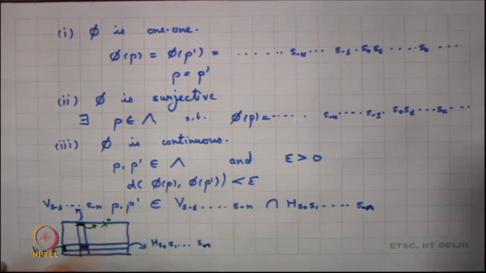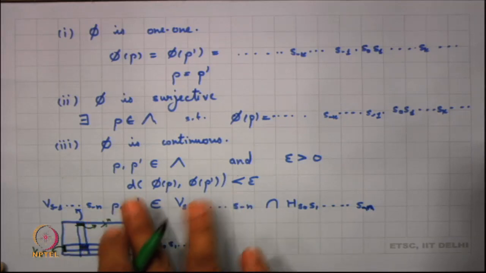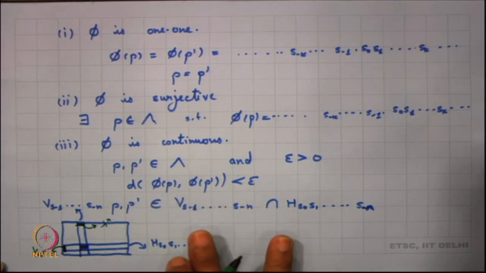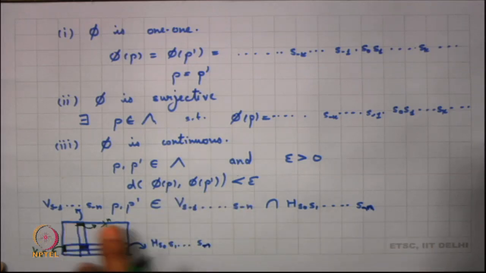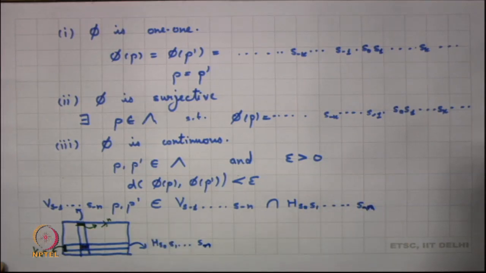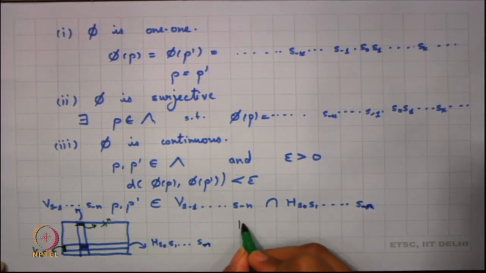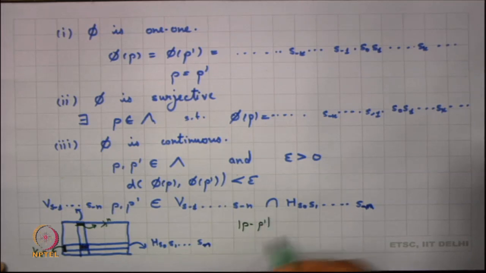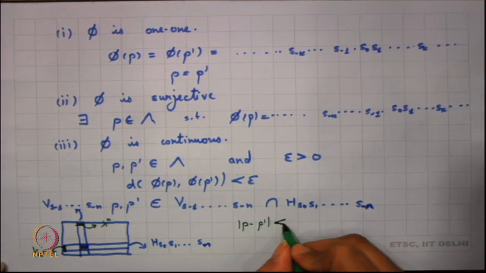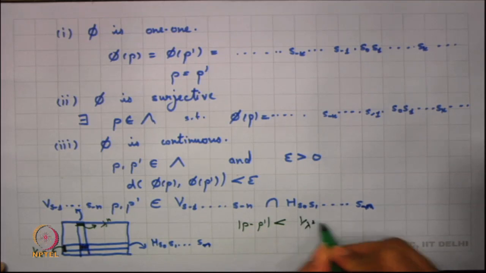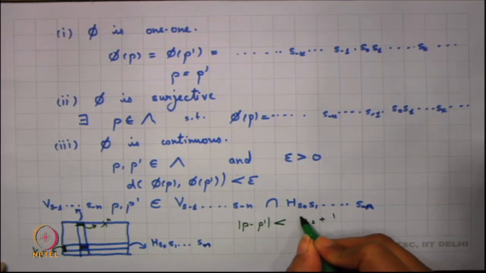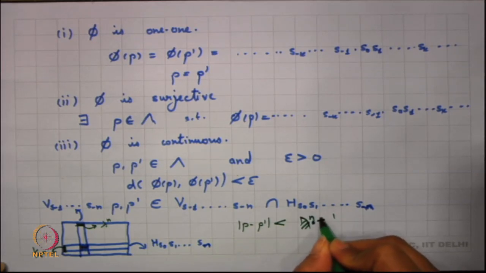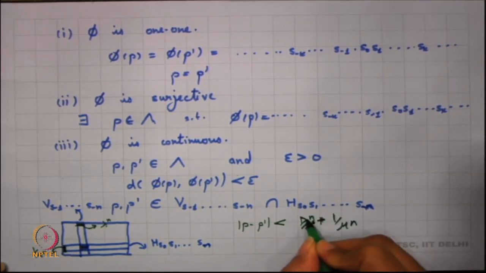Since this is less than epsilon, phi p and phi p prime agree on a middle part, which means that they belong to the same intersection, which means that the distance cannot be greater than that. So, that would basically mean that mod of p minus p prime is always less than lambda to the power n plus 1 upon mu to the power n.